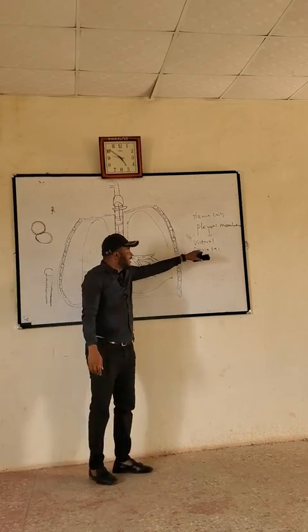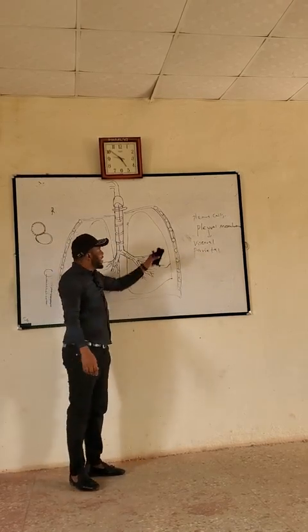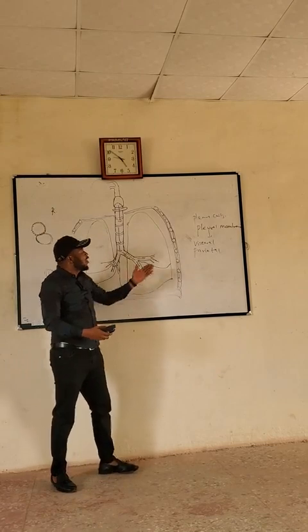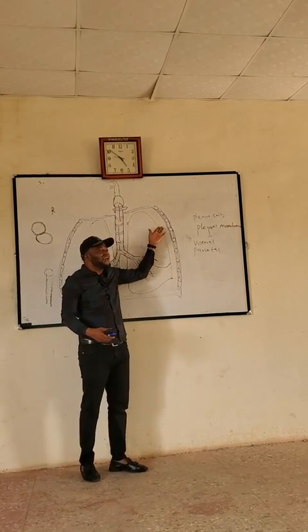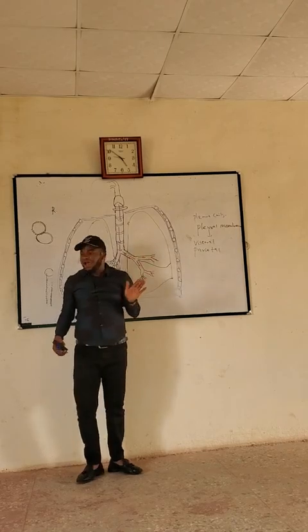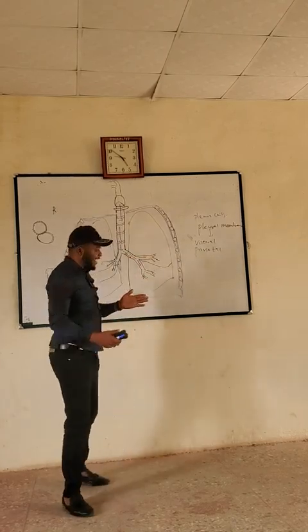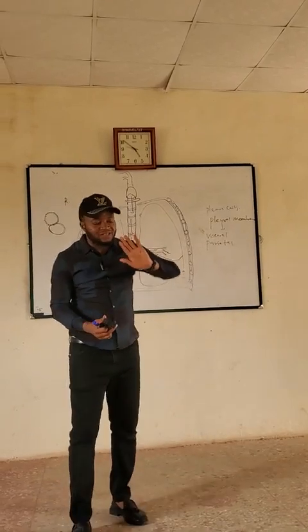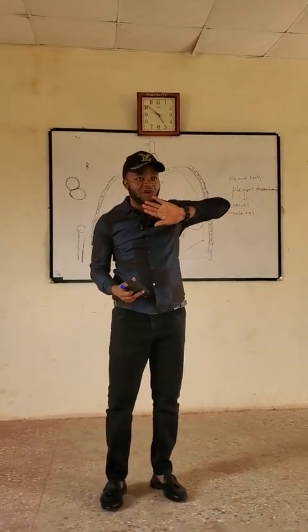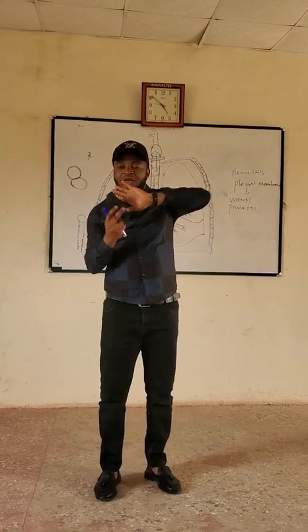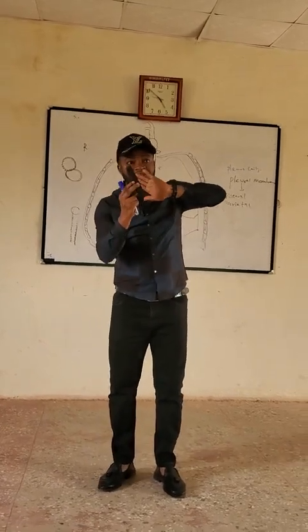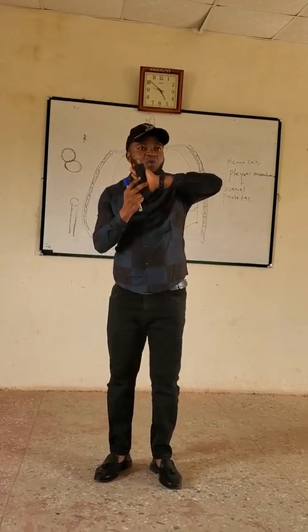Then what about the parietal membrane? The parietal membrane is the one covering the surface of the thoracic cavity. How will I explain this for you now? It's just like this is a thoracic wall. Are you following? Then this is your lung. This lung is not attached to the wall.